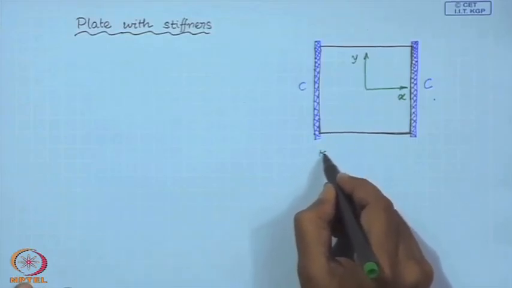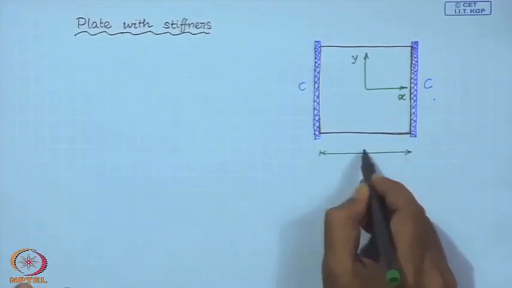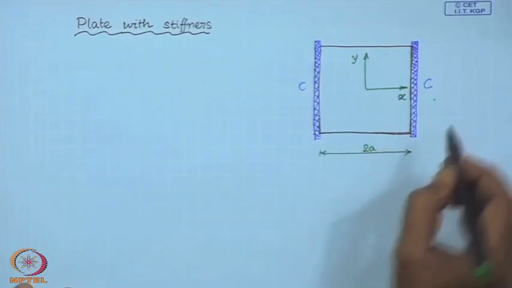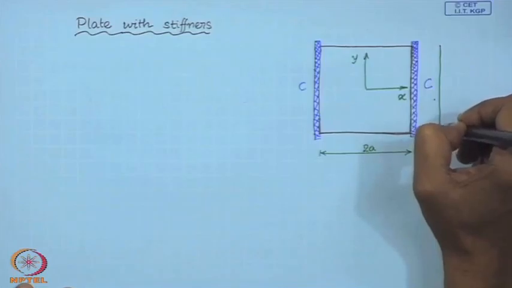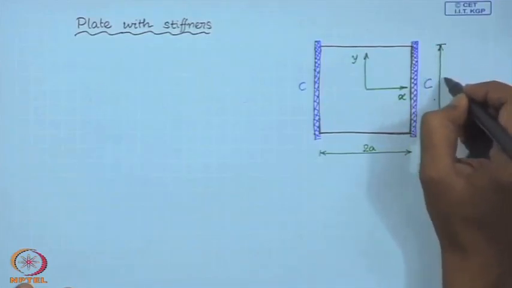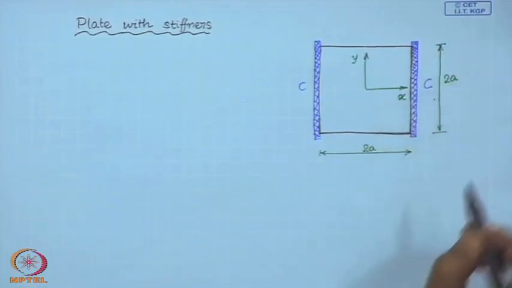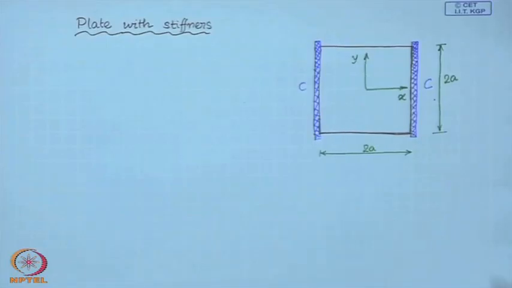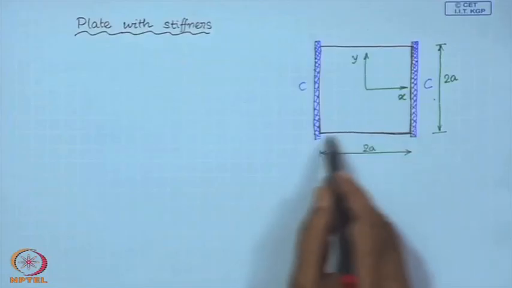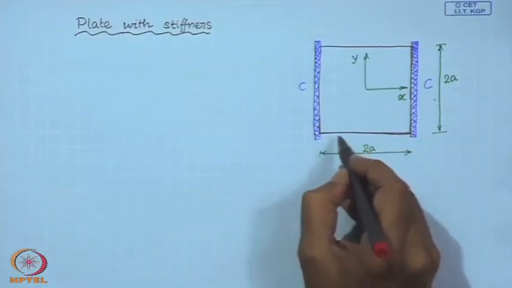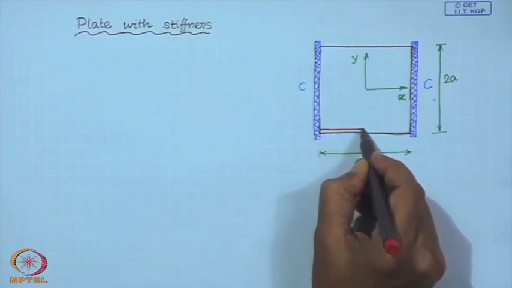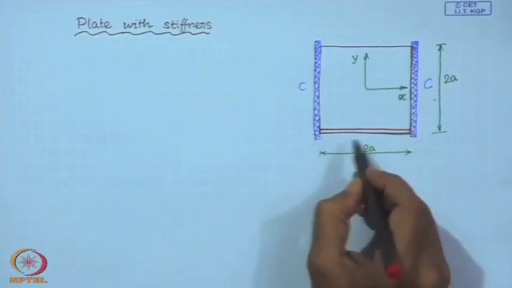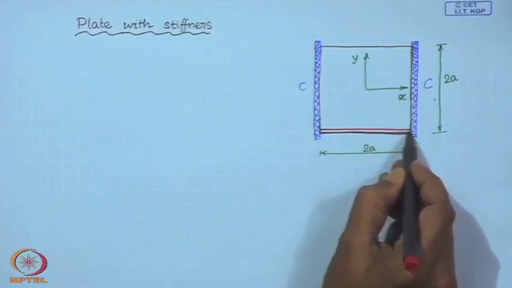These sides are 2a, and these edges are free, but they are stiffened by beams.